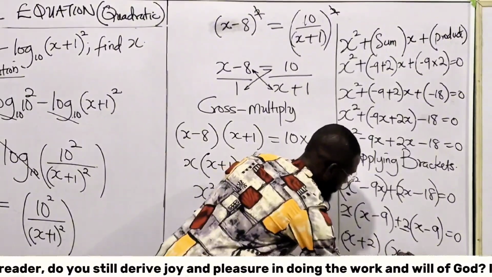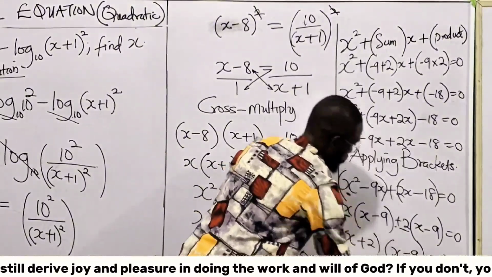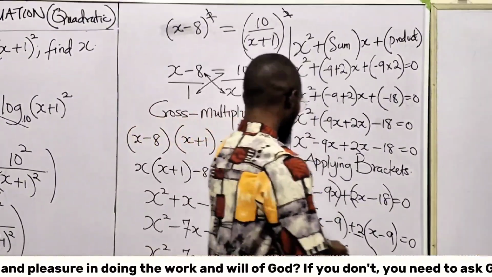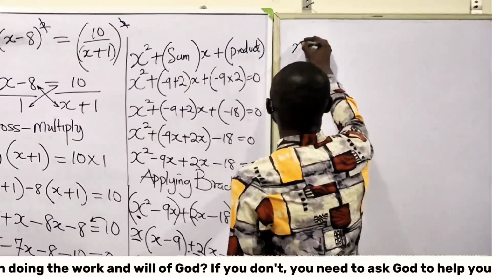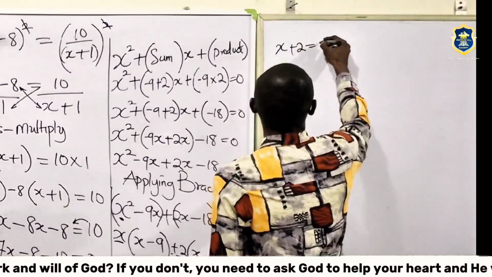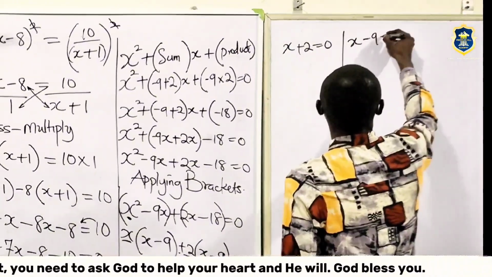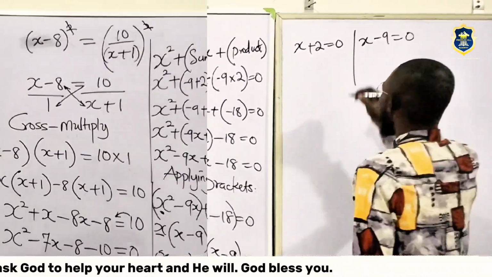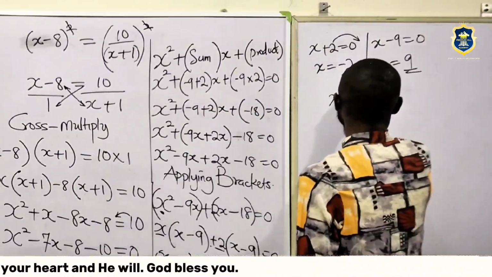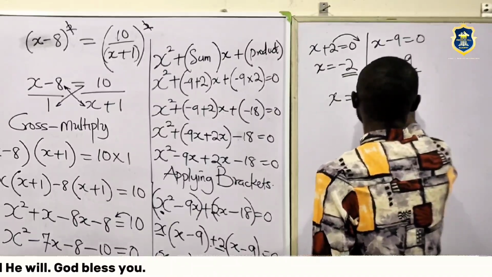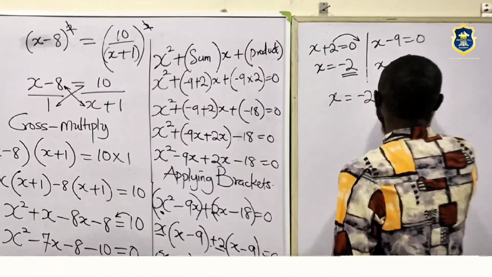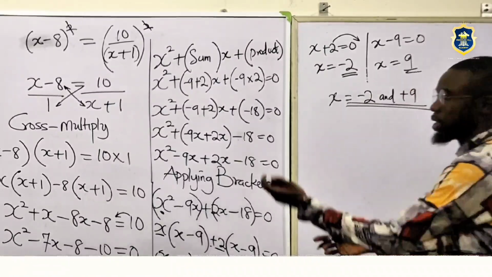You have x minus 9 equal to 0. So we take an equation of this. First of all, we'll take x plus 2 equal to 0, and we'll take x minus 9 equal to 0, right? So therefore x is equal to minus 2 and plus 9. That's the value for x in that equation.